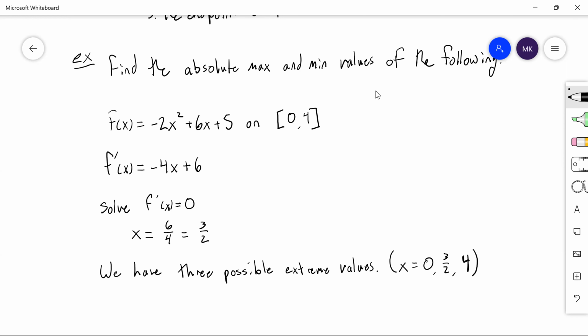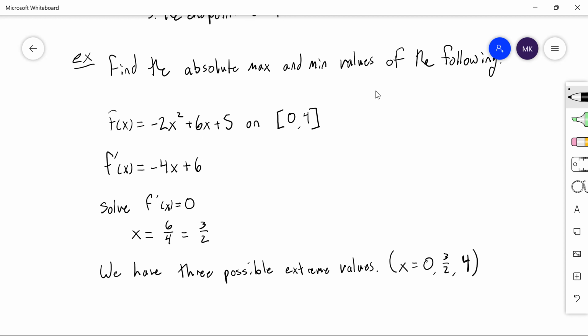Now, knowing anything about f of x is great. We know that it is a parabola. So we know that it's going to have a max and a min, or it's going to have one turning point and that's it. Now, we know that these are possible extreme values. So because we're on this closed interval, we can simply test the function at these points.